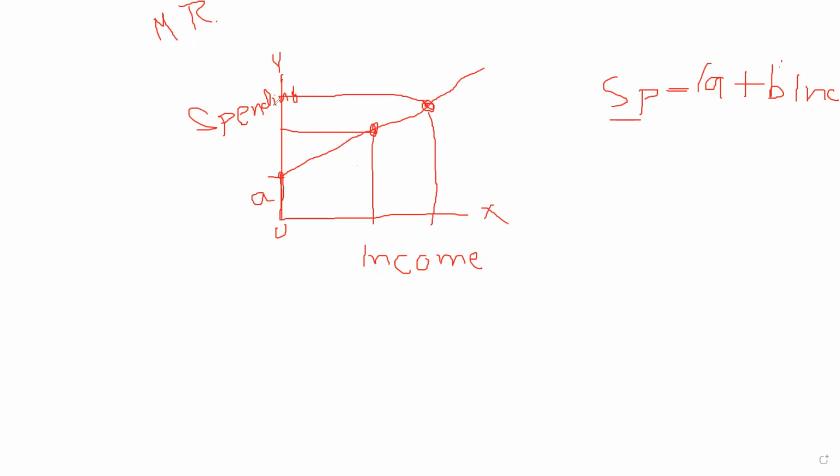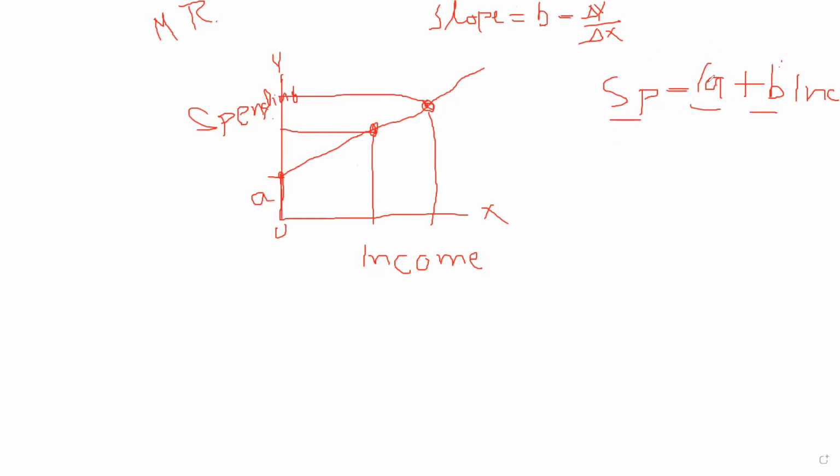Let's say I draw this. So this difference is delta Y, so slope B equals the difference in Y divided by the difference in X. So this is B. So you can get this and this.